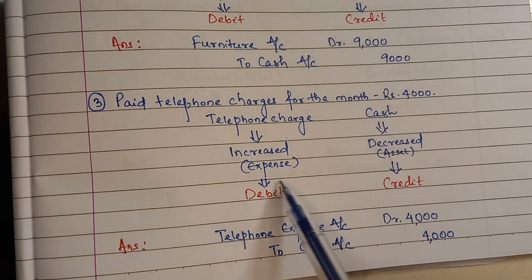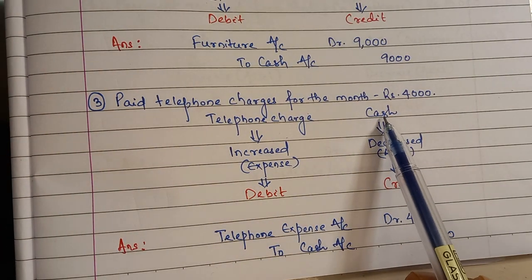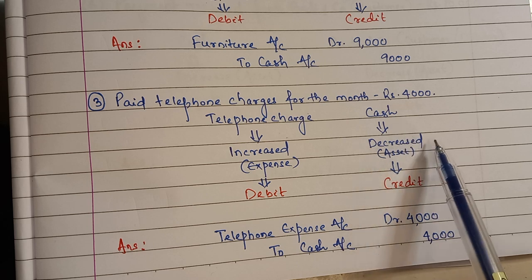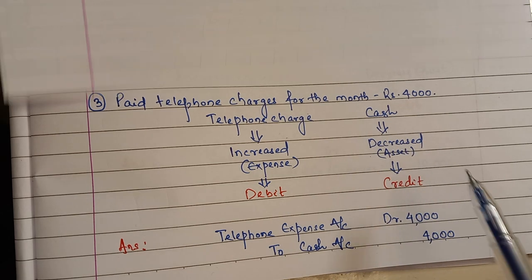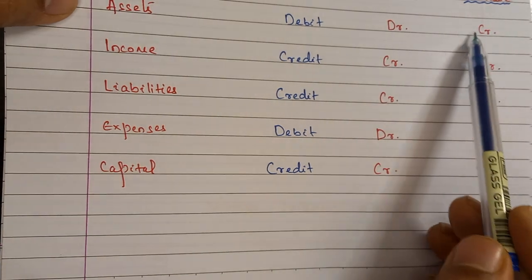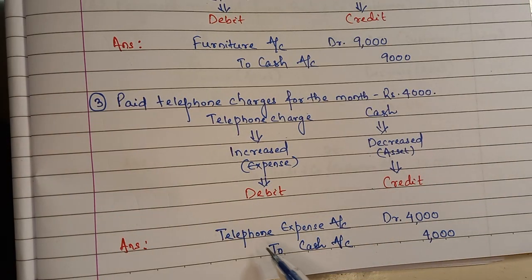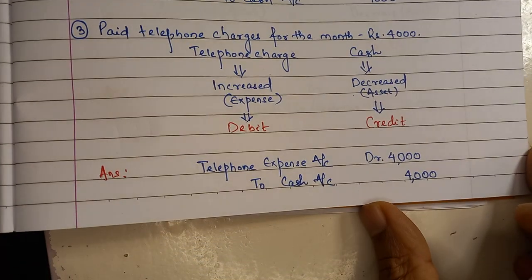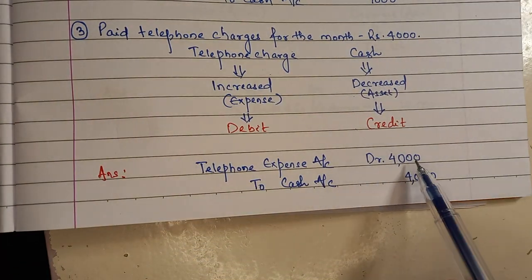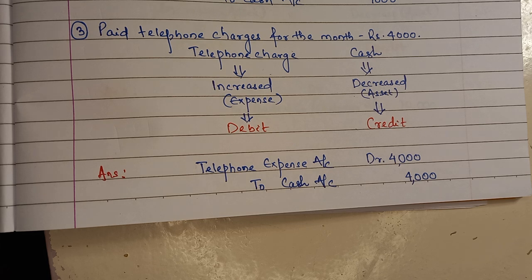So it is debited. And here also the cash is going out of the business, so there is a decrease in an asset, correct? Any decrease in an asset is always credit. So what is the final entry we have now? Telephone expenses account debited rupees 4,000 to cash 4,000 rupees.